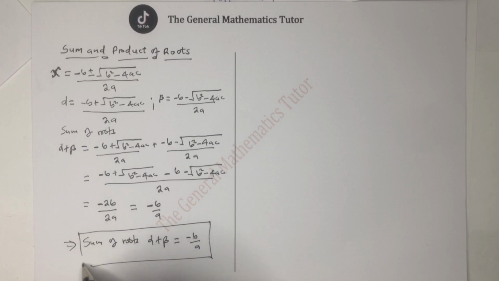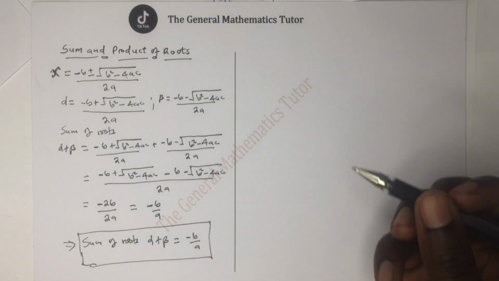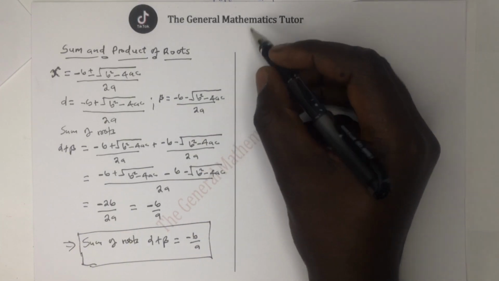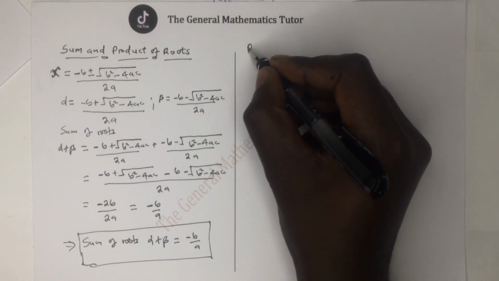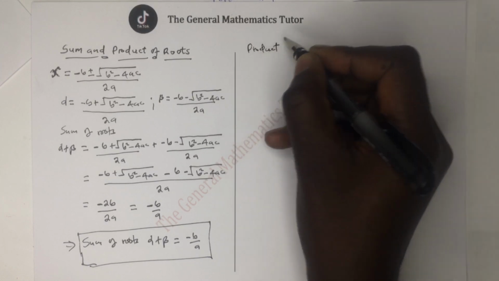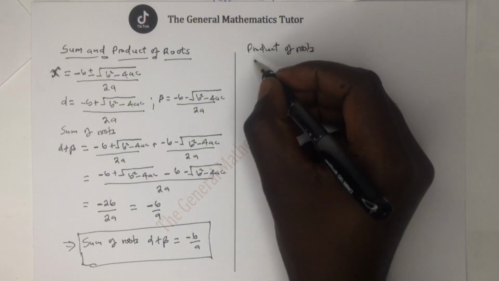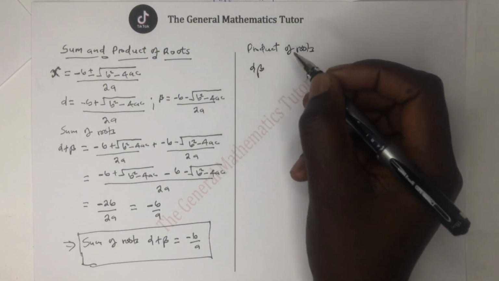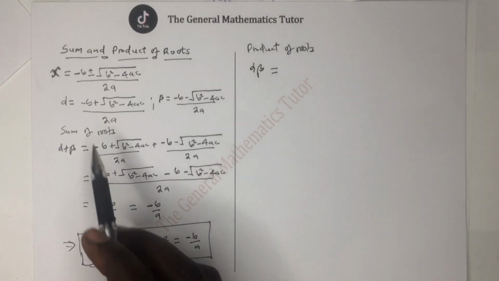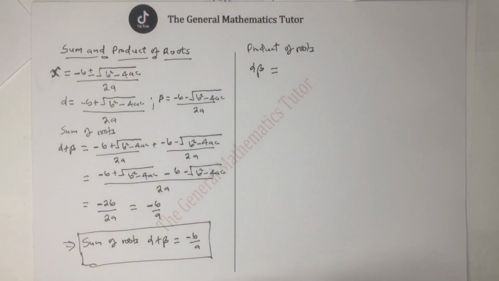Now let us look at this in terms of the product of roots, that is alpha times beta. We're just going to take the two roots, alpha, and multiply by beta.